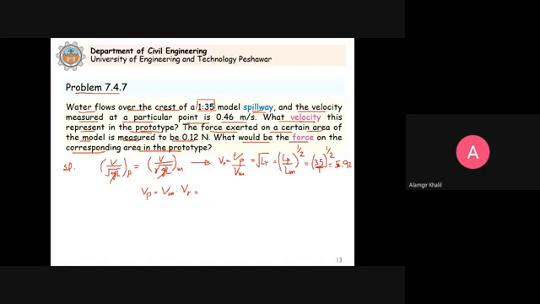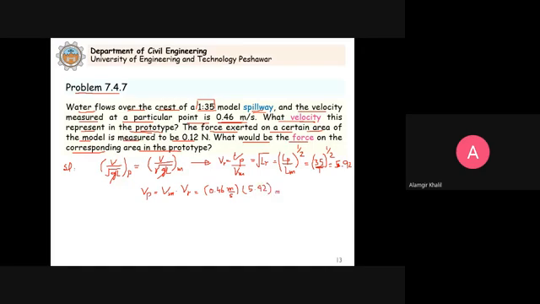So Vm is given, it is 0.46 meter per second, and the velocity scale ratio that we have just calculated is 5.92.